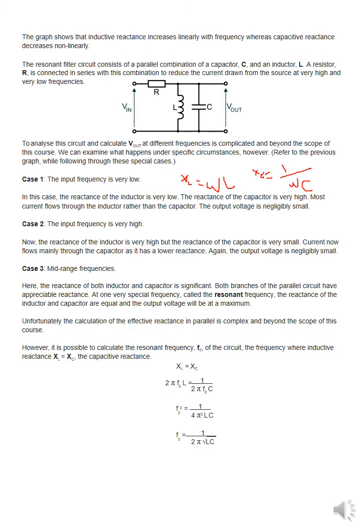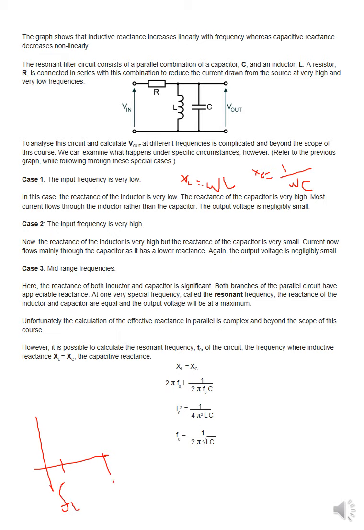Now the input frequency is very high. If the input frequency is high, then XL will increase, so it has a very high value, and XC has a very low value. Again, in this case, the capacitance will allow the current to pass through it, but the inductance will not, which means that the voltage across the parallel combination will be low.